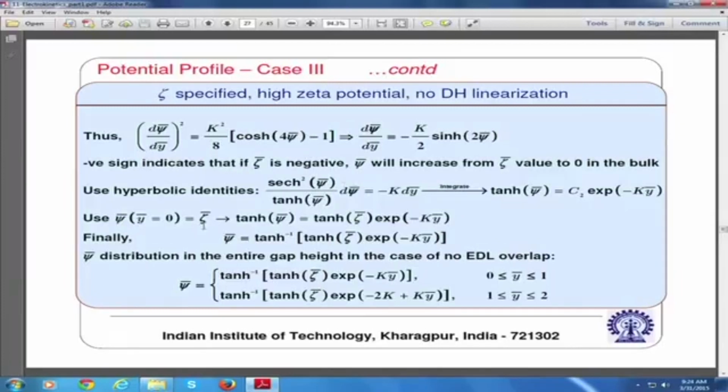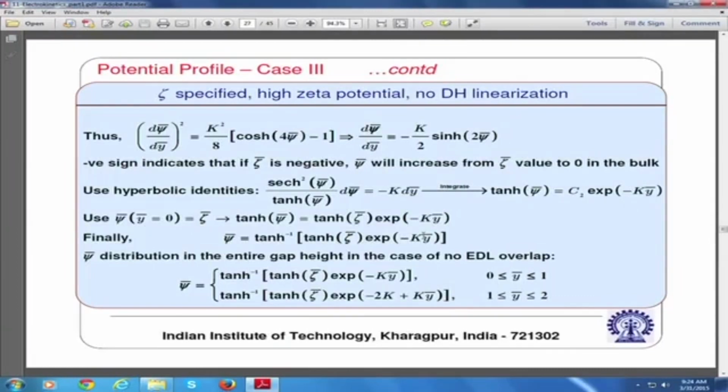Then you use the so-called third boundary condition, that at y equal to 0, psi equal to zeta. Then this is the form that you get, that tanh psi is equal to tanh zeta into e to the power minus ky. So psi is equal to tanh inverse of tanh zeta into e to the power minus ky.